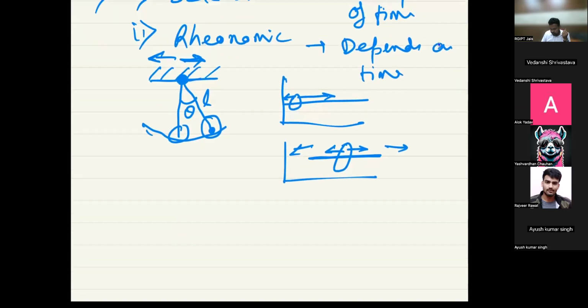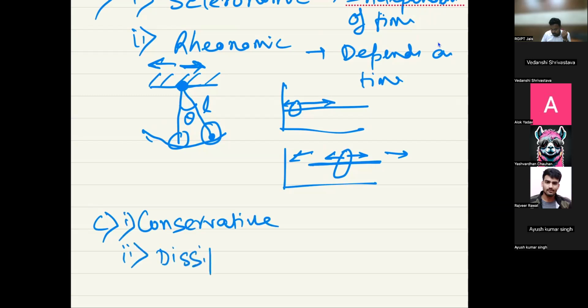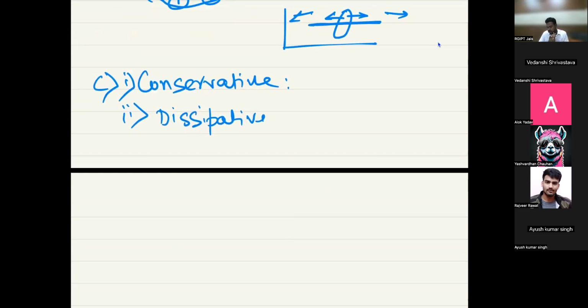So the third one that we told you is conservative or dissipative system. In case of conservative constraint, the constraint forces do not do any work and the total mechanical energy is conserved.